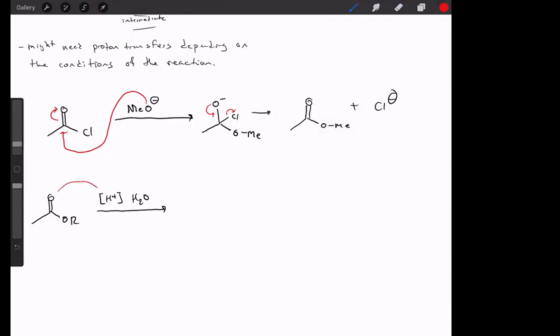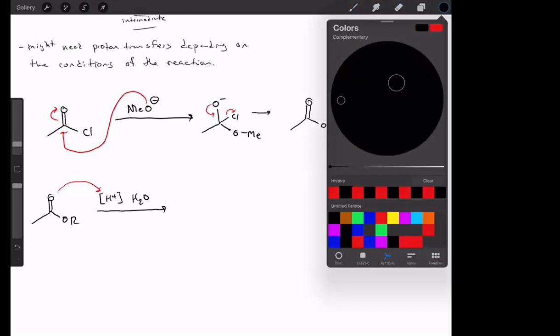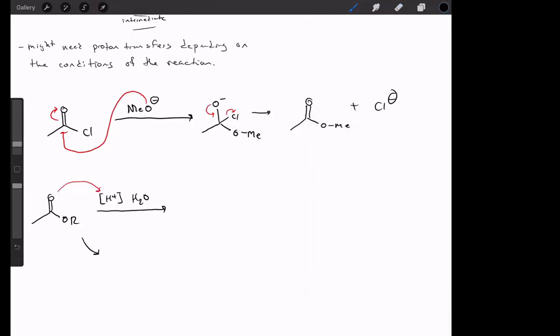But what would work out is if I actually started with a proton transfer instead of a nucleophilic attack. So the first intermediate that I create is positively charged, and that's consistent with the conditions of the reaction.